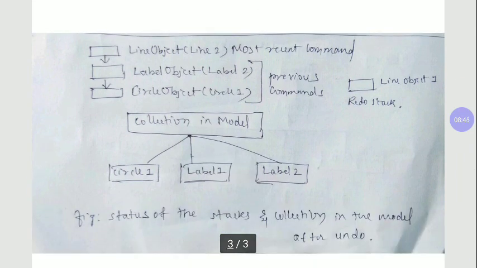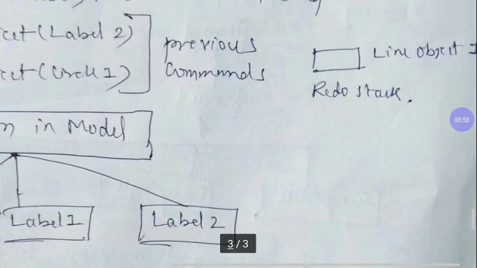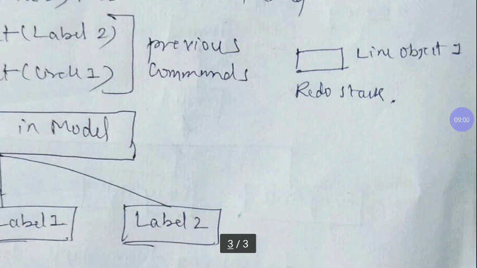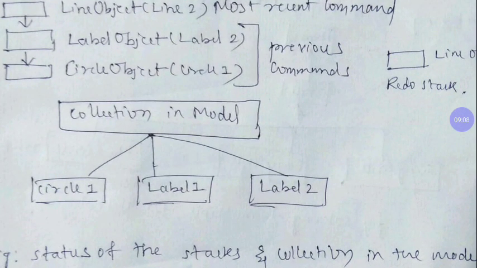Previously it was the line object on the top of the history stack. Now the redo stack has line object 1.